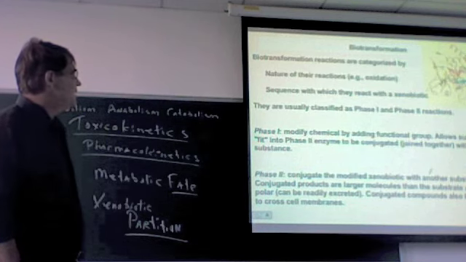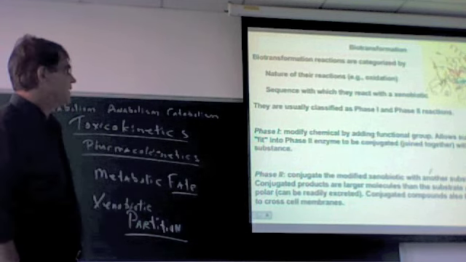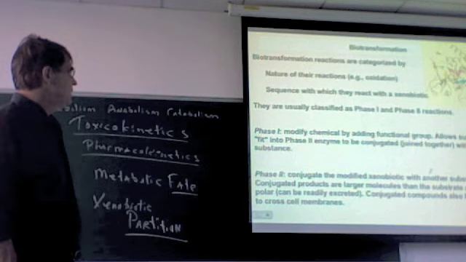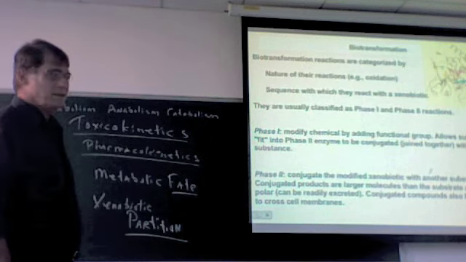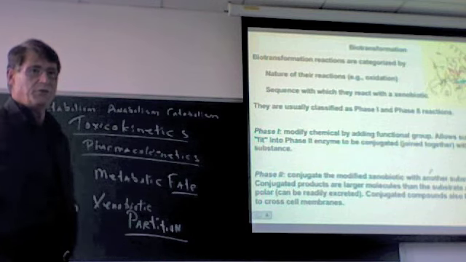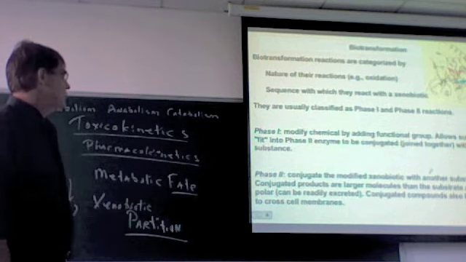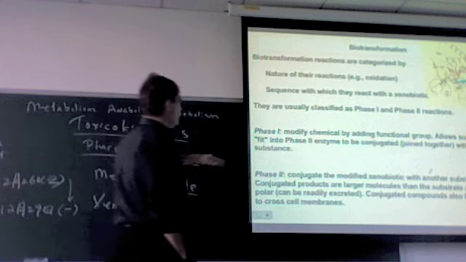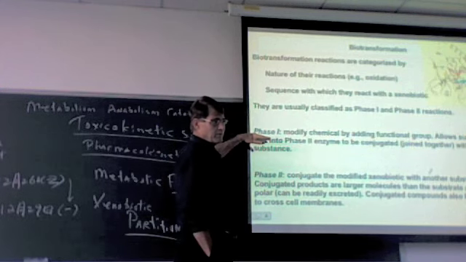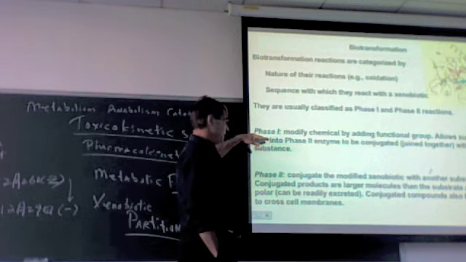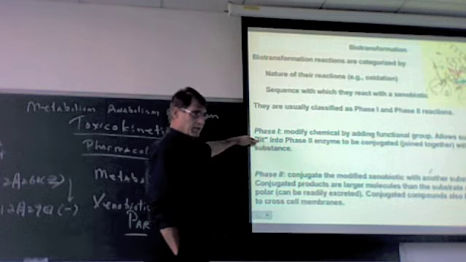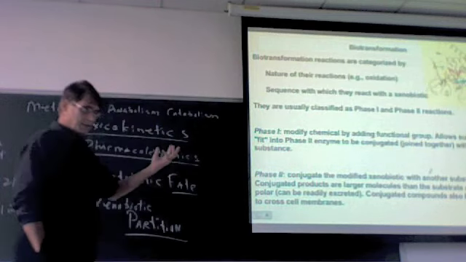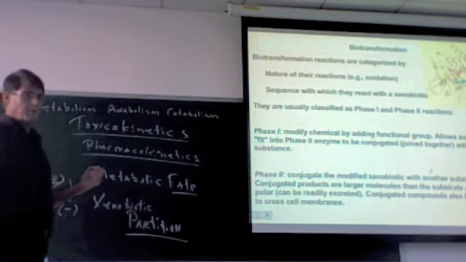So we can categorize all these biotransformation reactions according to the type of reaction they do. And they're classified in general as phase 1 and phase 2 reactions. Phase 1 modify the chemical, so it's a PCDF or PCB, modify it by adding some functional group. Basically, what it does here is it's trying to make the chemical more water soluble.